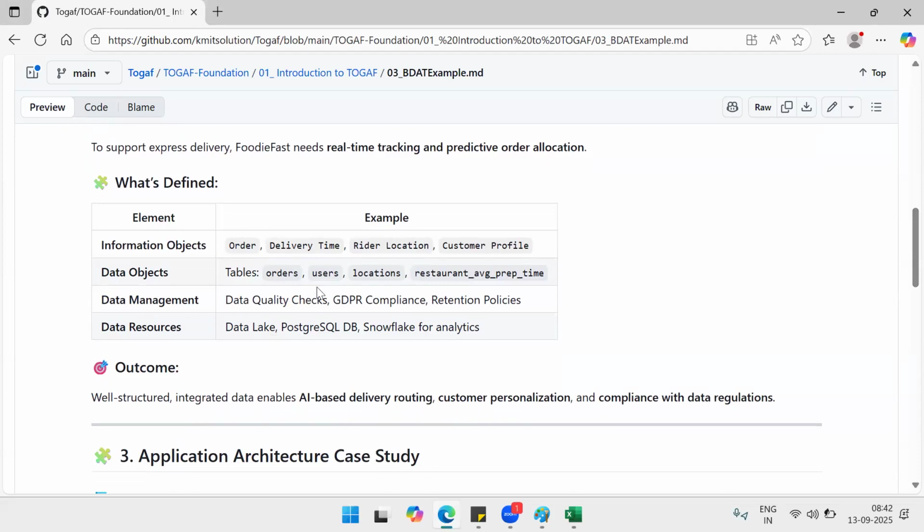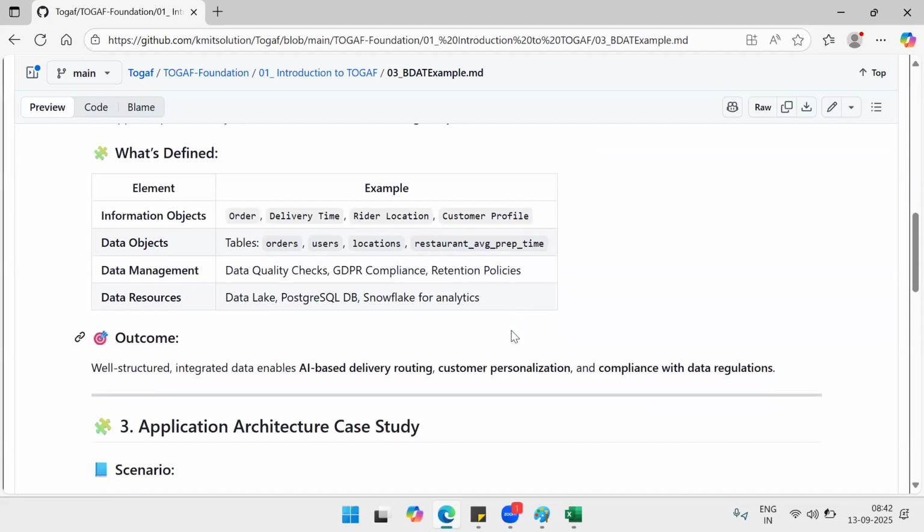What are the data objects? We will have tables where we store the data, like orders, users, locations, resources, restaurants, average preparation time, etc. We also have data management, data quality checks, some compliance, retention policies, and data resources. We are using a SQL database, data lake, etc. So your data needs to be well structured in your RDBMS, right?